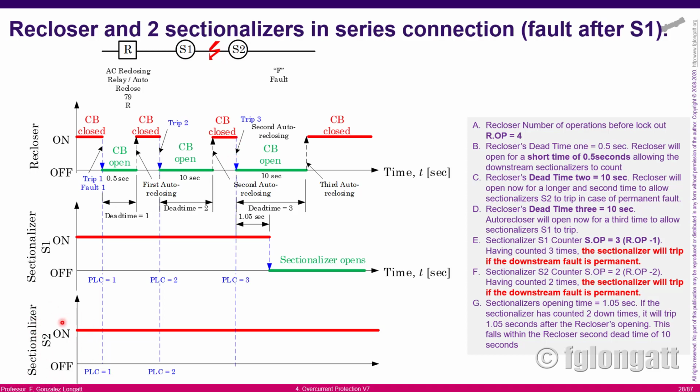But the sectionalizer sees, okay, there is a third trip, and that means that the fault is above me. That means that sectionalizer number 1 must take action. And as a consequence, 1.05 seconds after the third trip, there is no current moving here because the main recloser, the main contacts are open. Sectionalizer number 1 will open, and then the recloser will close the contacts and will keep the service, okay?